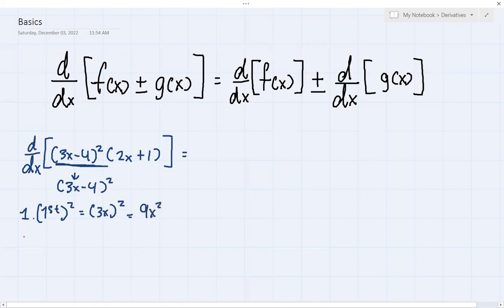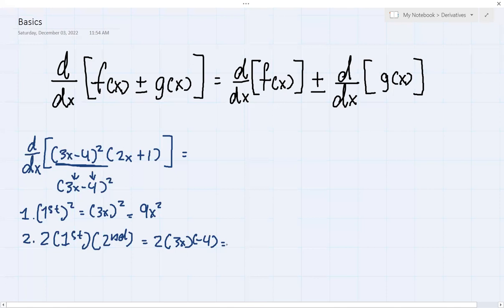So, remember, first step is square the first term, which is ito si 3x. Okay? So, square mo si 3x, magiging 9x squared. Next, the second step, twice the product of the first term times the second term. So that means we will have 2 times yung first term, 3x, times yung second term na si negative 4. So 2 times 3x ay 6x.